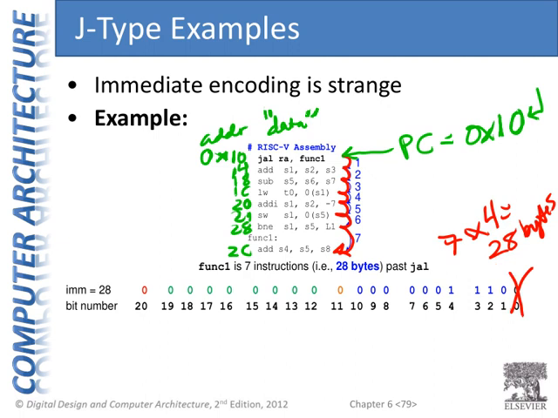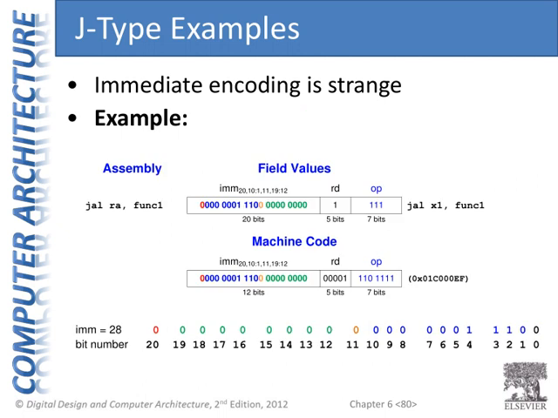Now we need to encode the rest of these bits, and instead of encoding them directly in the field, we do some bit swizzling. This is the bit swizzling: bit 20 is the most significant bit, then bits 10 to 1 are the next bits, then bit 11 is the next bit, and finally bits 19 to 12 fill out that 20-bit immediate field.